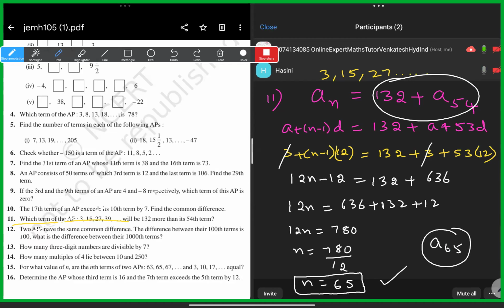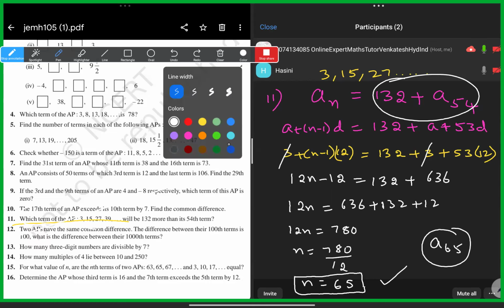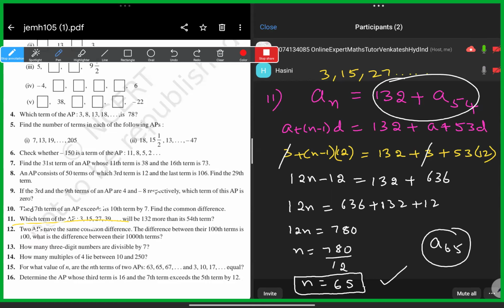If you find A65 using a plus 64d, that answer will be exactly 132 more than the A54 term. A54 means a plus 53d. That value plus 132 will give you A65. That is the meaning of the question. So the 65th term is the answer.